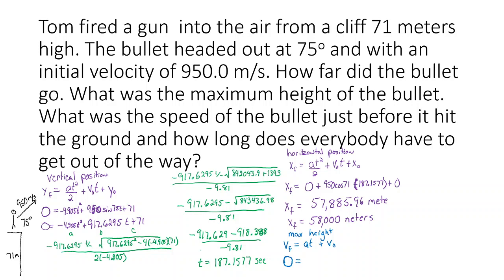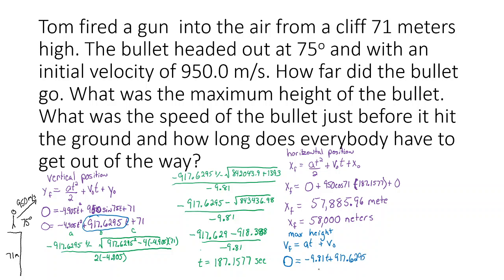All right, so our acceleration of gravity is 9.81, and our velocity initial was 950 sine 75. I got that from over here. Useful piece of information, times time plus 917.6295.